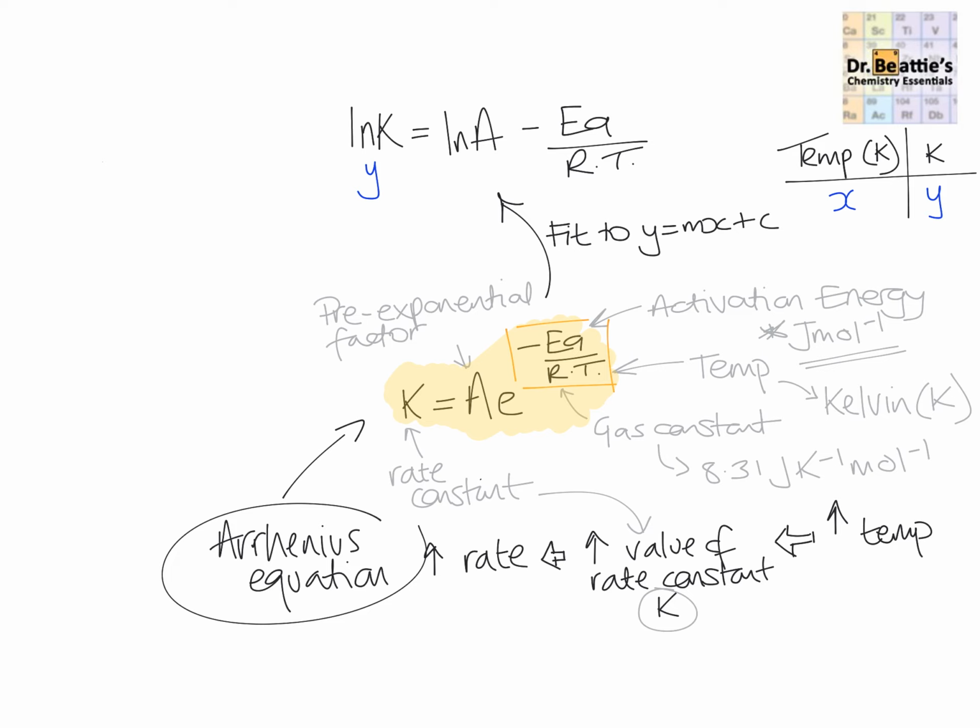So fitting this to the straight line equation, ln A is c. The minus Ea over R is our gradient, m. And then our temperature here is linked to exactly here, our x values.